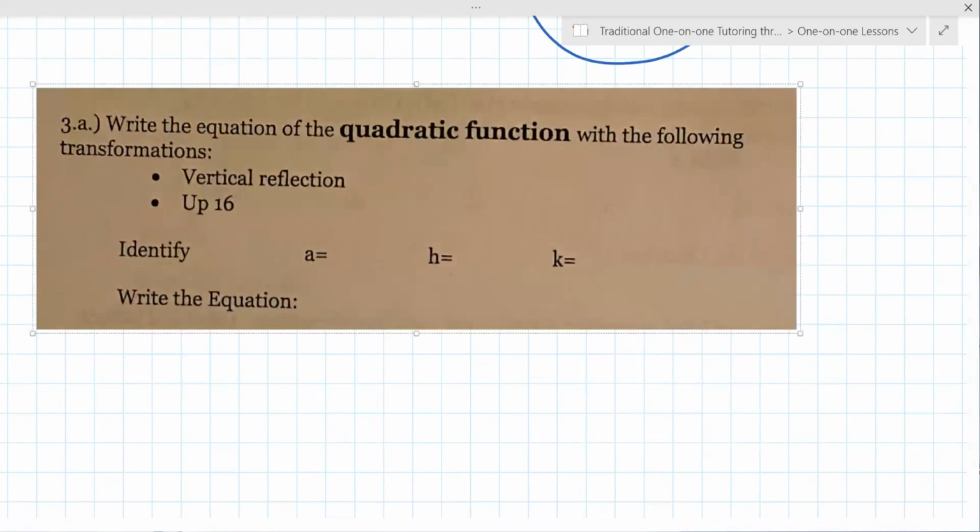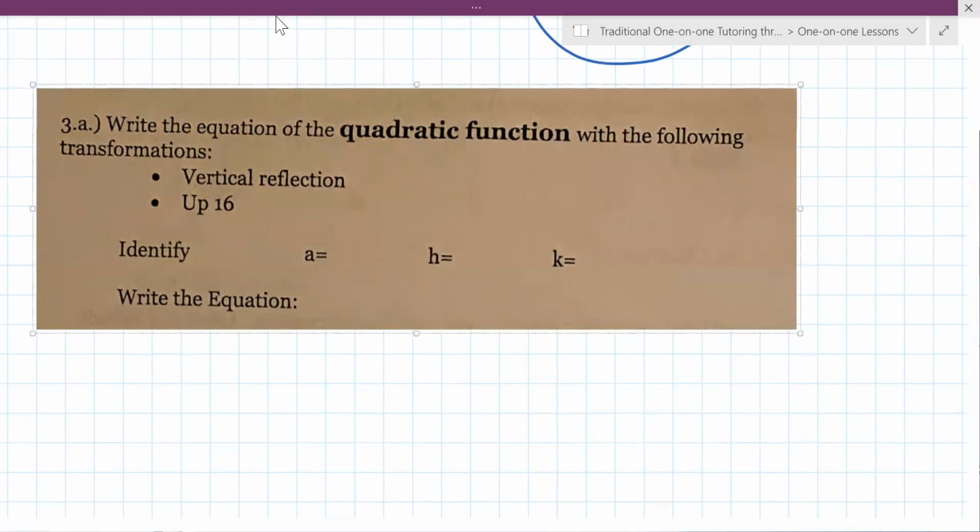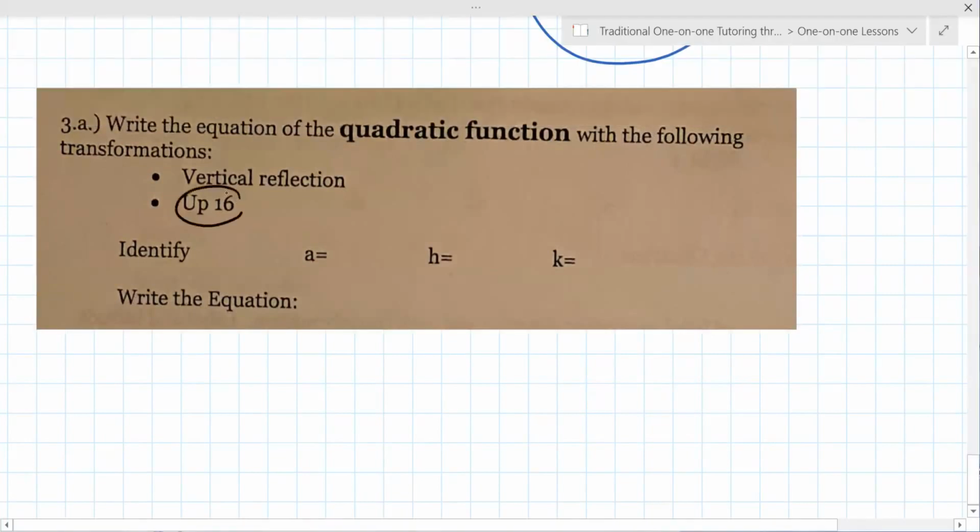So I believe 3A is the next page. All right. So for this one, the up 16, that affects the K value. That makes K 16. The vertical reflection, it affects A. It makes A -1. Okay.